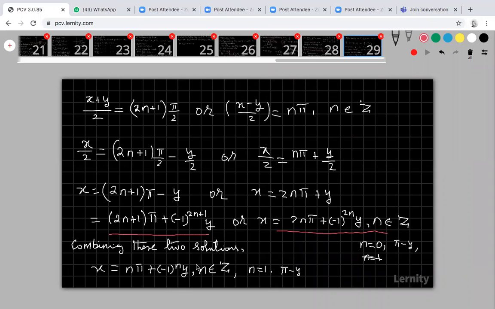These two solutions combined, all the solutions together we are getting in this solution. For example, look at that. I'm applying n is equal to 0 here, I'm getting pi minus y. At the same time, I'm applying n is equal to 1 here, I will get the same solution. Is it okay? So this is the general solution.